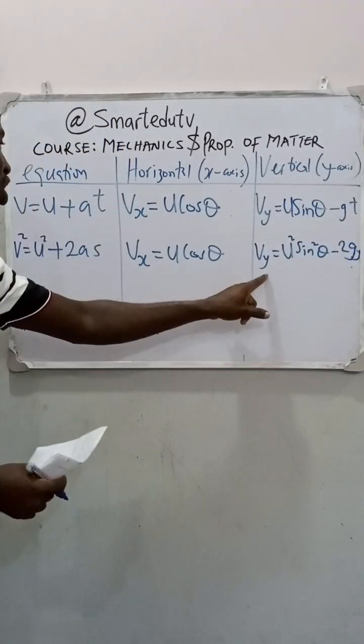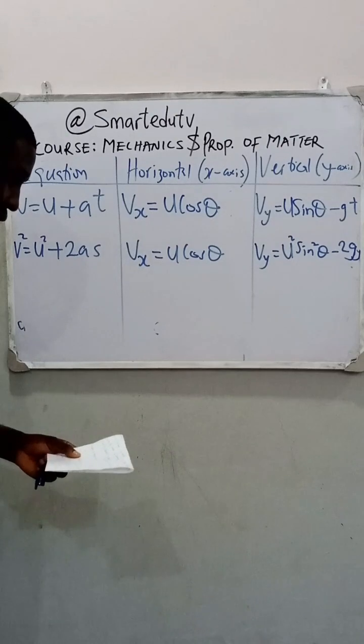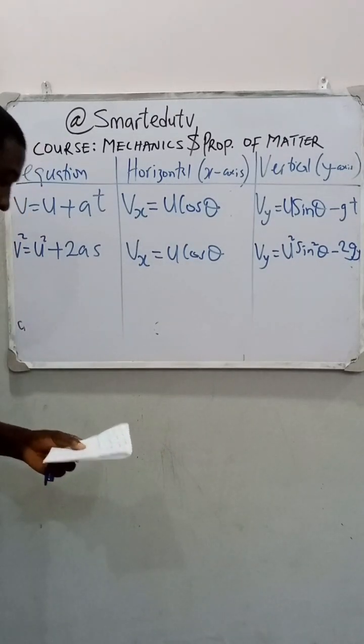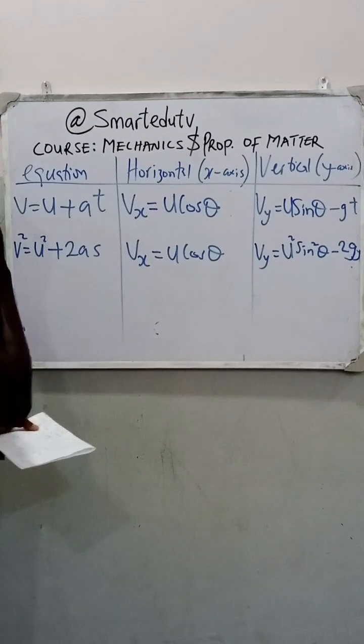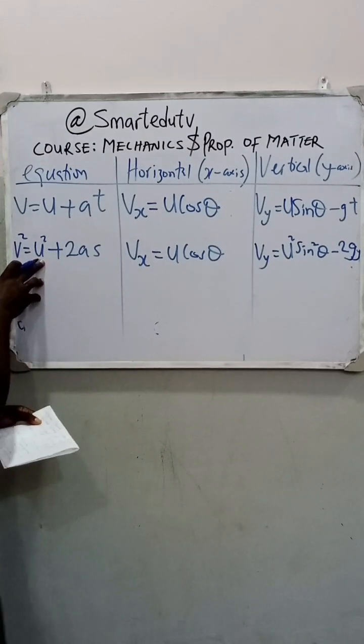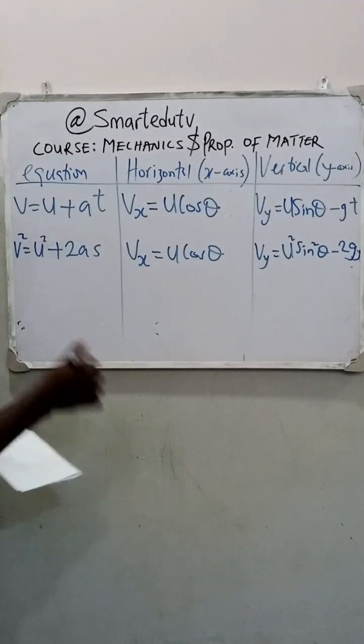These are the velocity along the y-axis, which is minus 2gy.